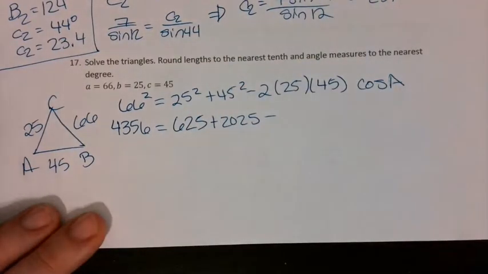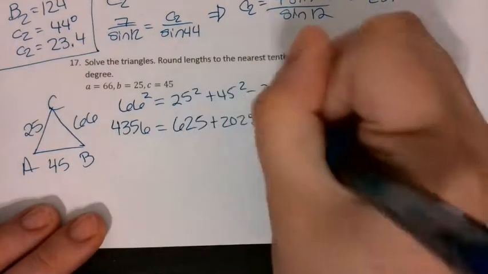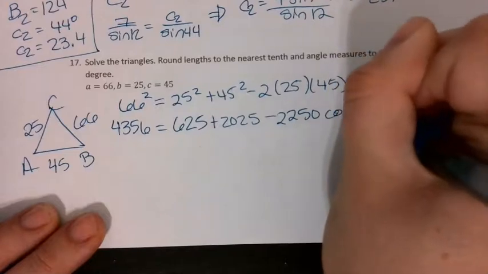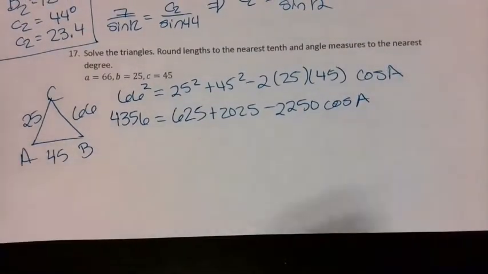Negative 2 times 45 times 25 is negative 2250 cosine A.